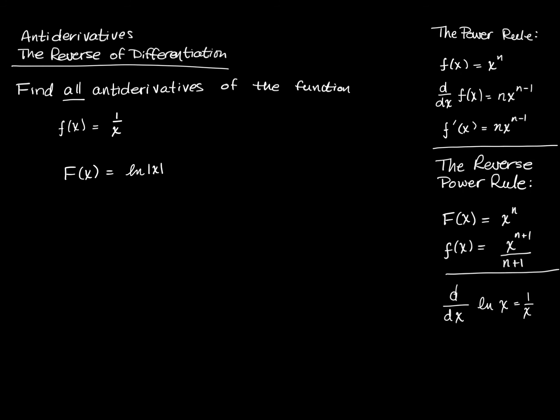Now that's an antiderivative. If I want all antiderivatives, I need to write plus c. Can we check this? Sure. What's the derivative of ln of x? It's 1 over x. And what's the derivative of c? It's 0. So we have in fact found the general antiderivative for 1 over x.